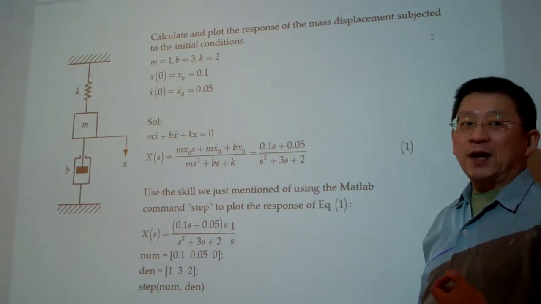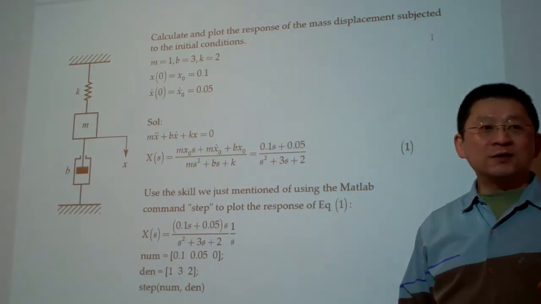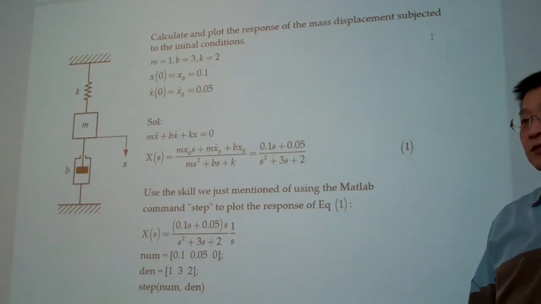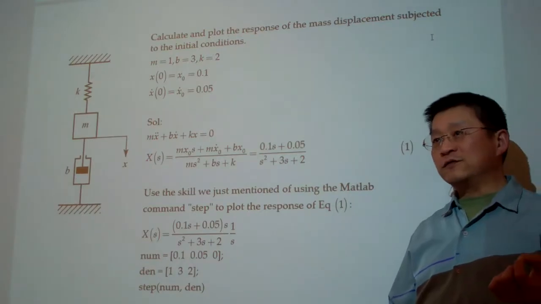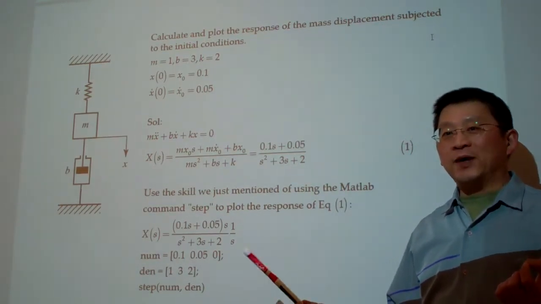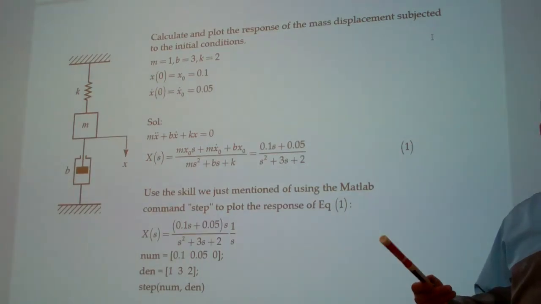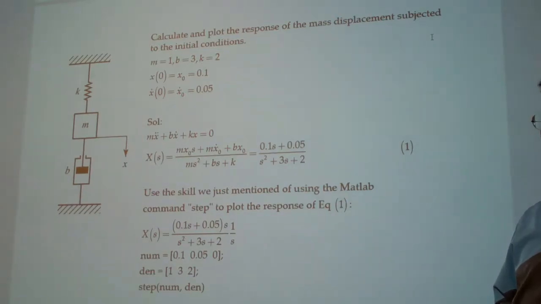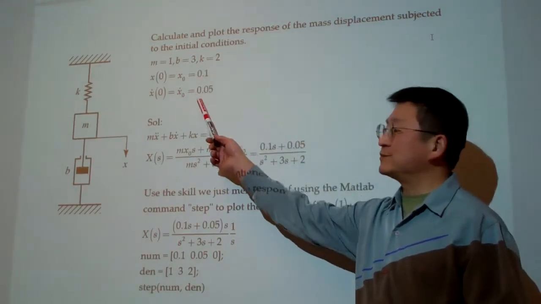Okay, and if the system has zero input, then in terms of the transfer function, we would expect zero output. But again here, if you remember, in the transfer function we assume the initial conditions equal to zero, but here it's not.